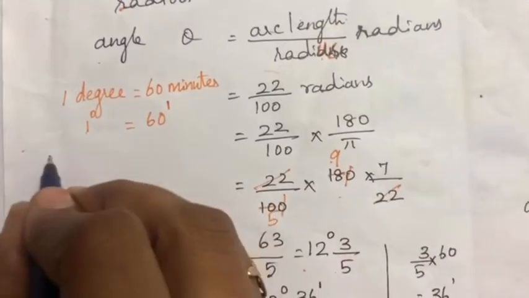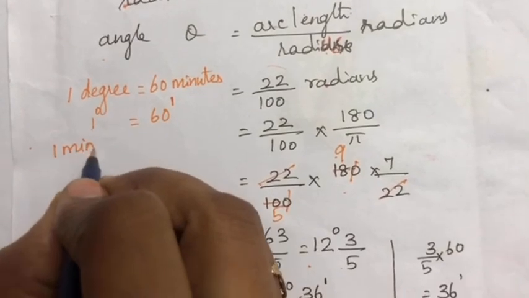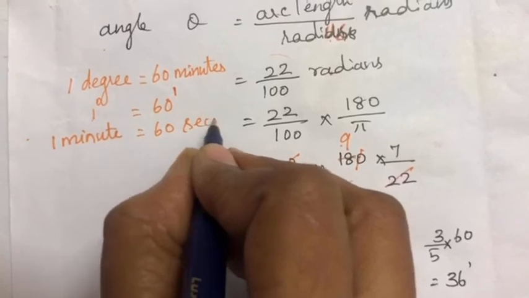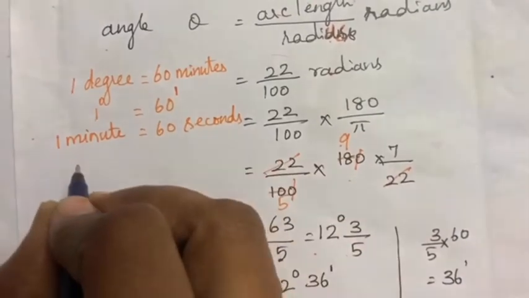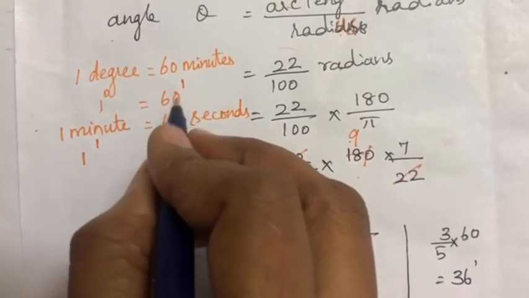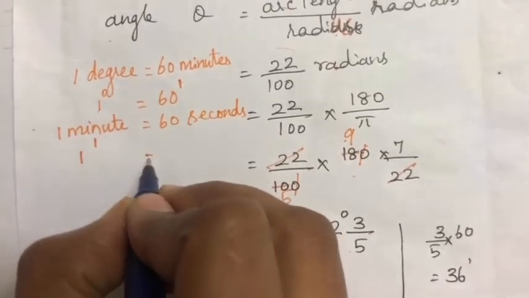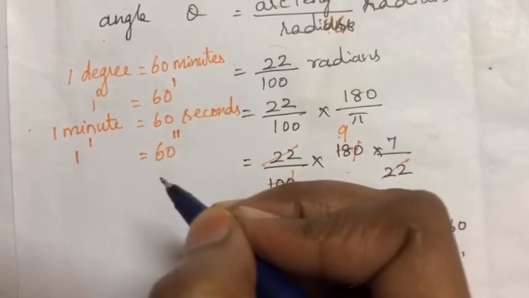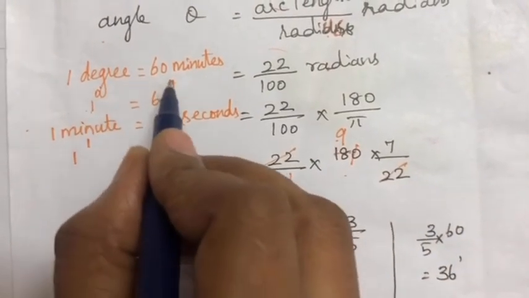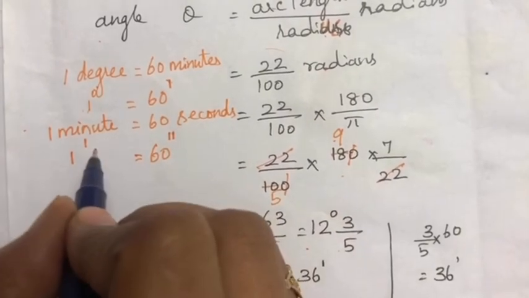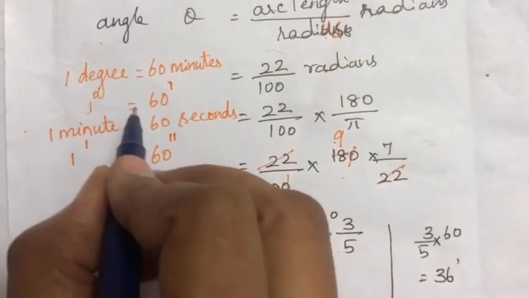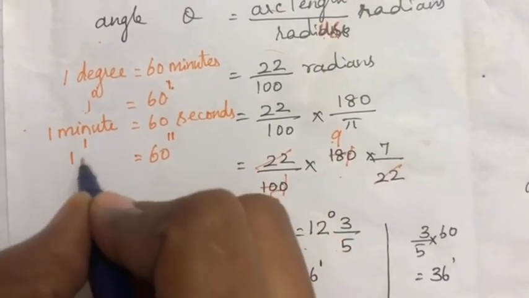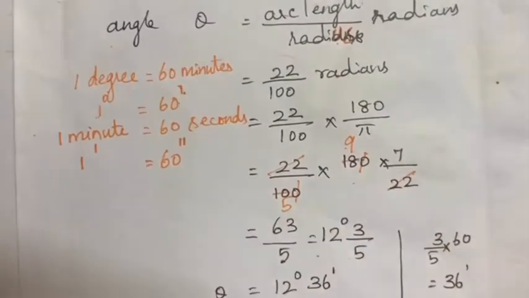Similarly, 1 minute is equal to 60 seconds. This is a double line. So 1 degree is equal to 60 minutes and 1 minute is equal to 60 seconds. So 1 dash is equal to 60 minutes.